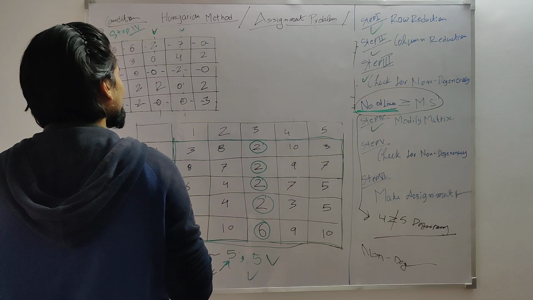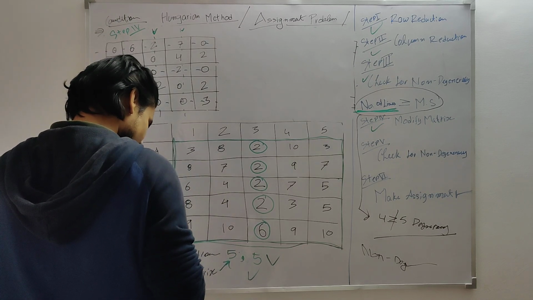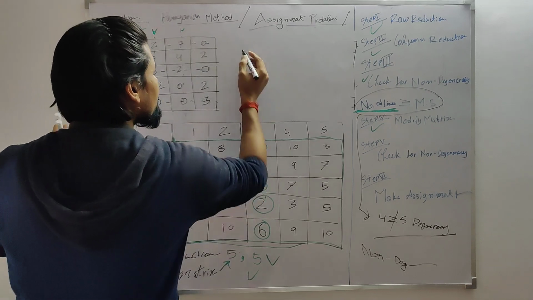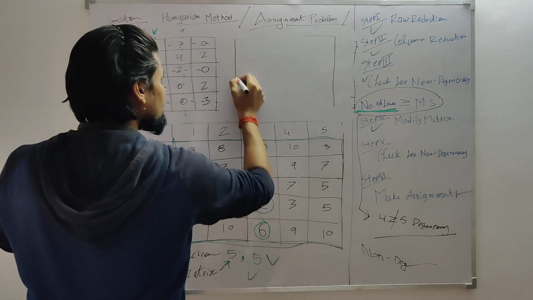What does it mean, making the assignment? So again I will draw a 5 by 5 matrix to make the assignment.